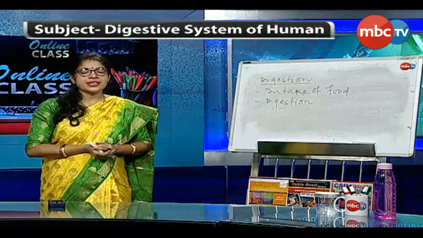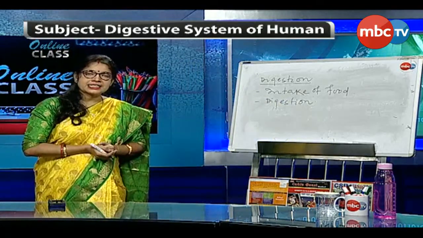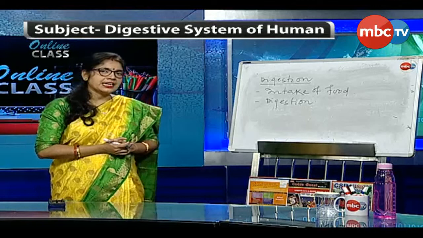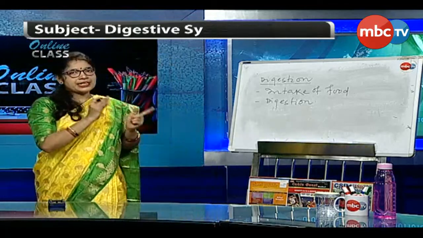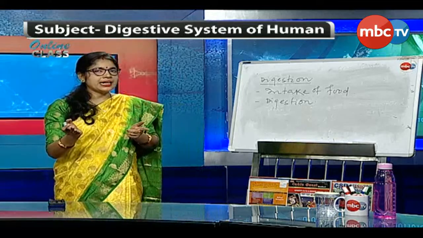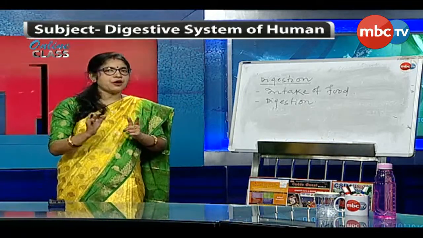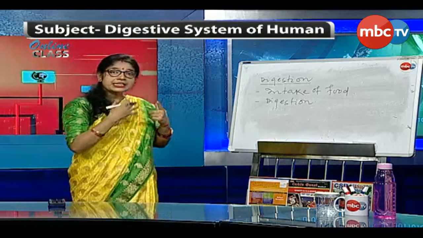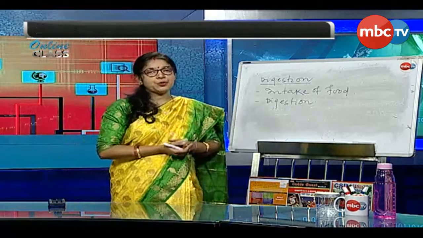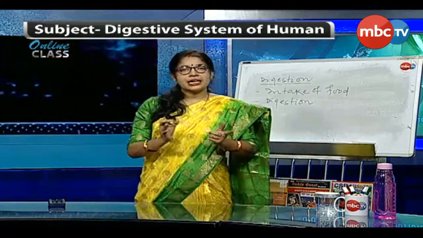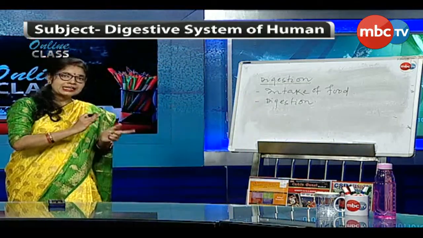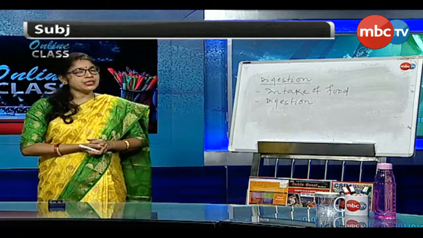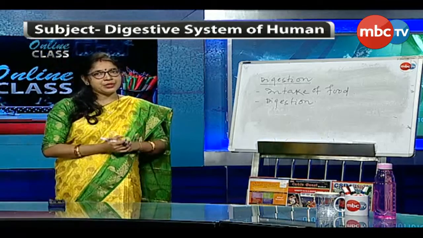Within the buccal cavity, mainly the carbohydrates are digested in the presence of the enzyme salivary amylase, and that will form the disaccharides or monosaccharides, which are the simple forms of sugar. Then within the stomach, in presence of the protein digesting enzymes, there will be the digestion of the proteins that we are consuming, and that is broken down into the simpler form, that is amino acid.